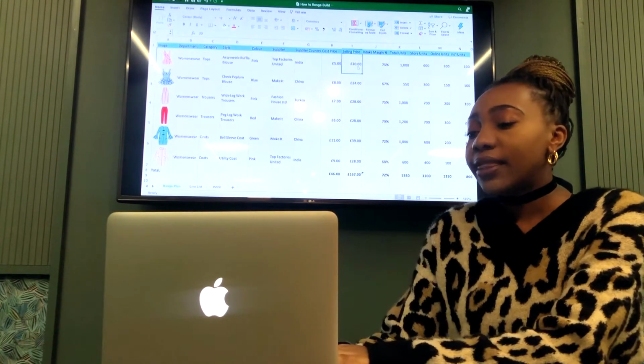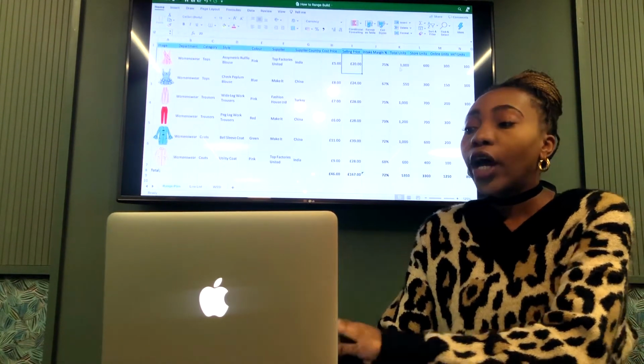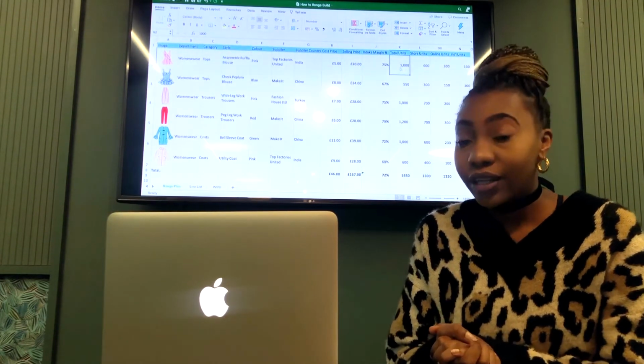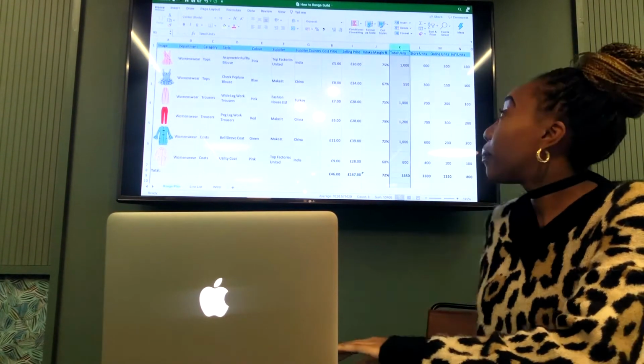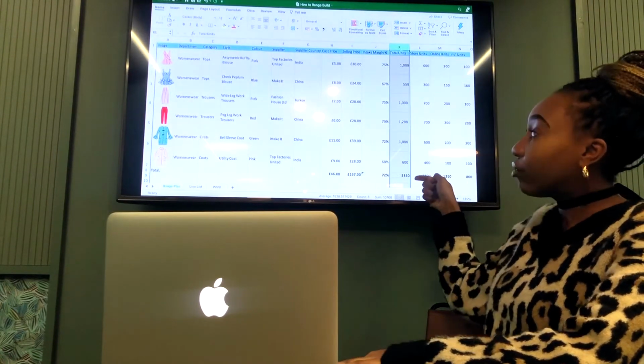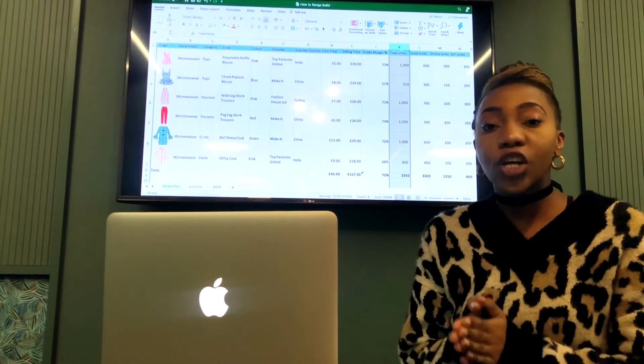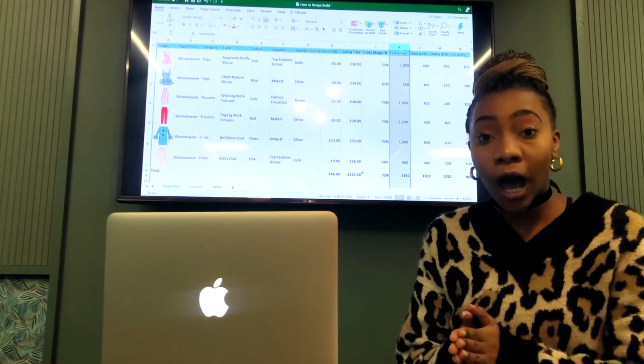Right. And then another way that we play around with our intake margin is through our units. So I'll highlight that column here, and our units for all of these will sit there, and that determines how many units of each style we've decided we want to buy.